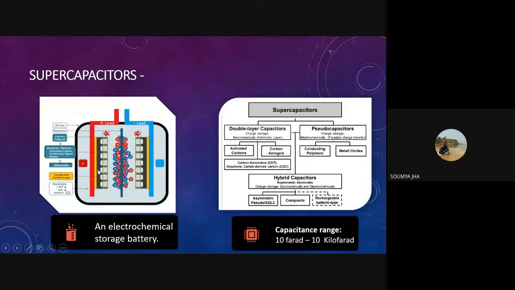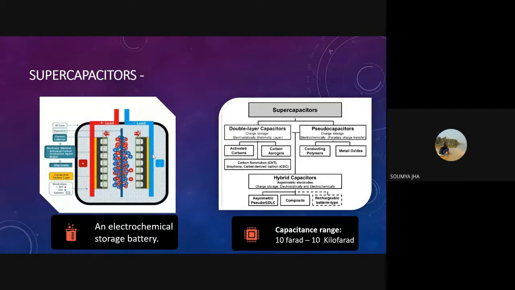It consists of electrode material which is generally highly porous, and right now for industrial purposes it is made of activated carbon material which is mixed with some conductive agent and binders, and it has some liquid electrolyte, unlike a capacitor, which consists of a solid dielectric medium. And to collect all the current, there is a current collector plate. This red one and blue one are the current collector plates, which are generally metal plates.